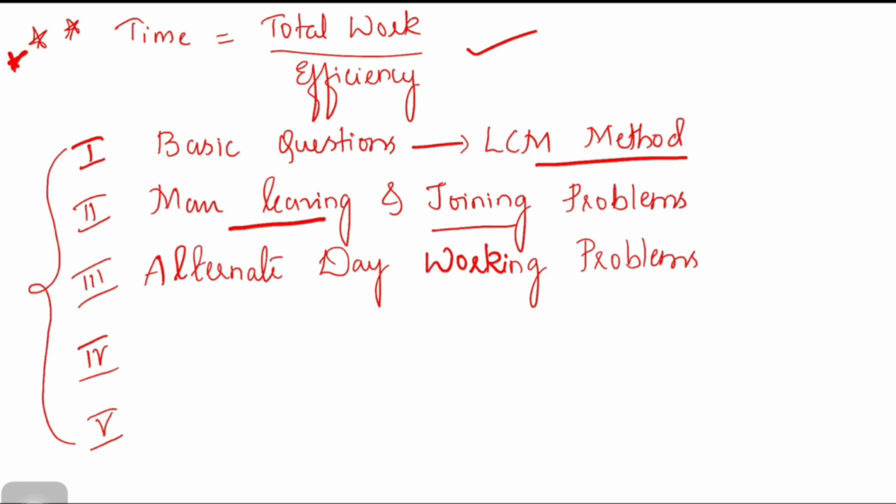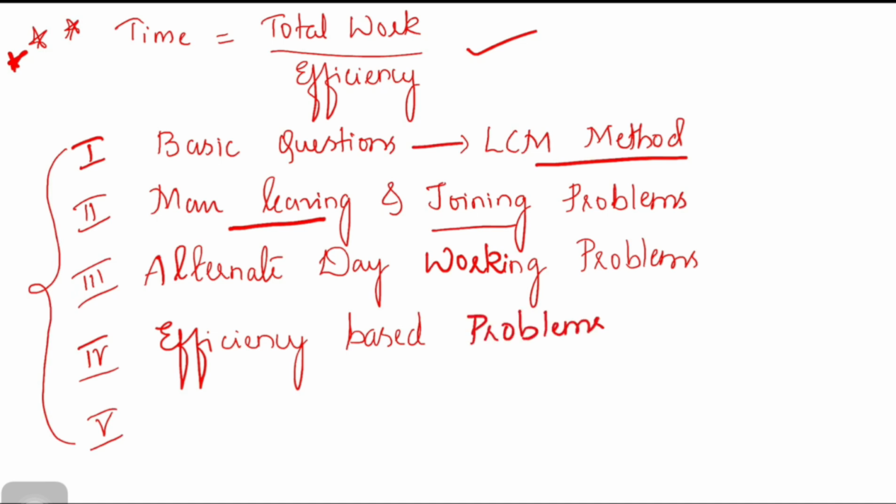Then we have the fourth part, that is efficiency based problems. That is, the efficiency of people is given. For example, if A is 50% more efficient than B, then how much time will A take to complete the work, like this.